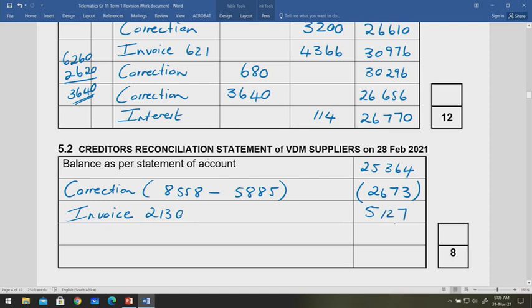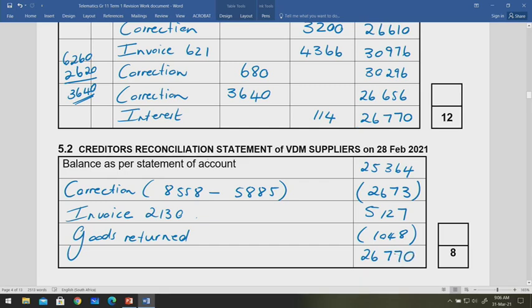Obviously, that must be added because we bought on credit, and then the goods returned. The goods that we returned also not on the statement. So that must be subtracted, 1048.